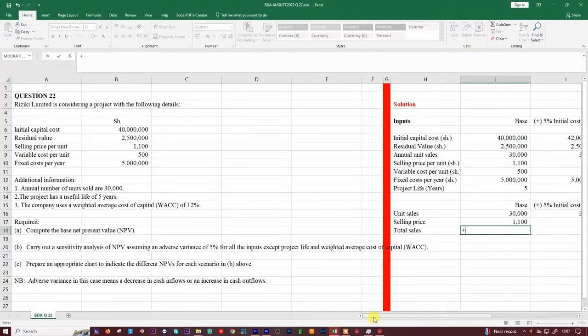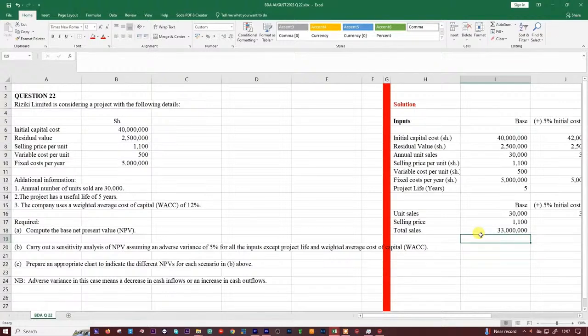It's just going to be this value of here, selling price, times that value. That's what we're getting.